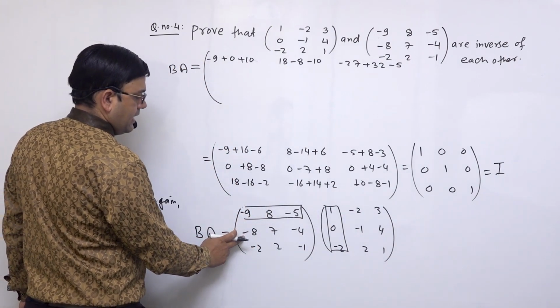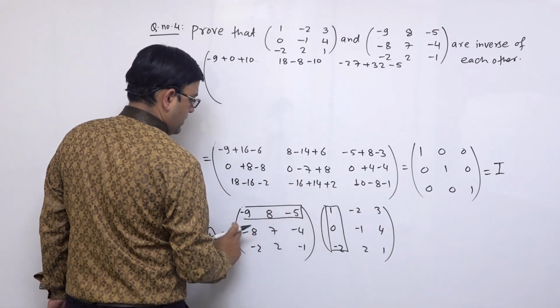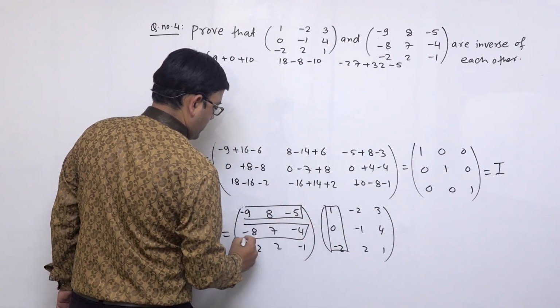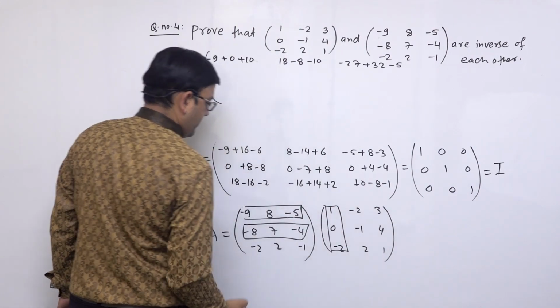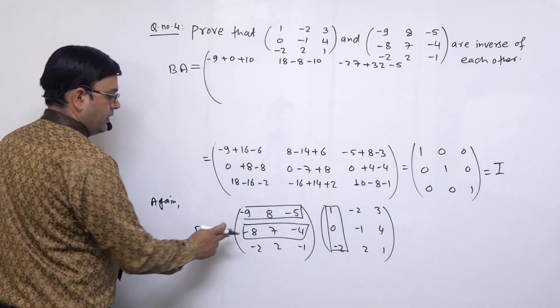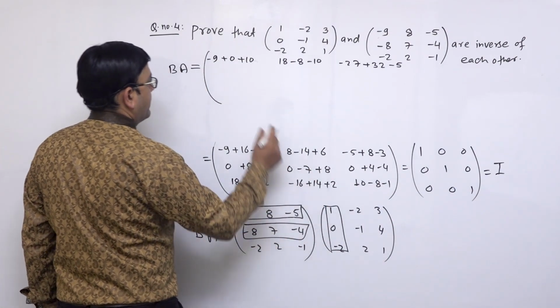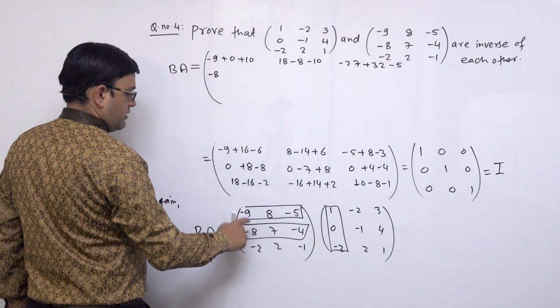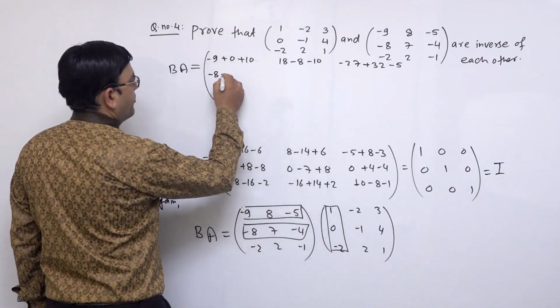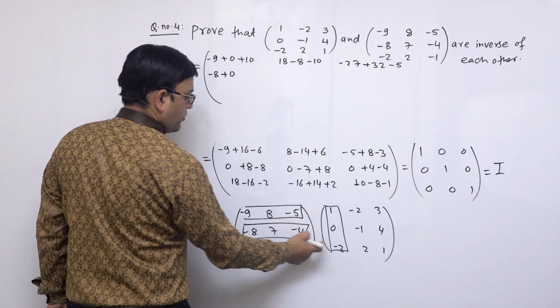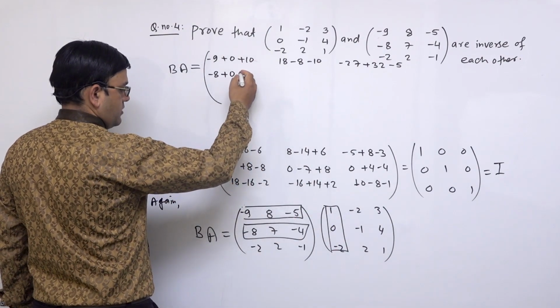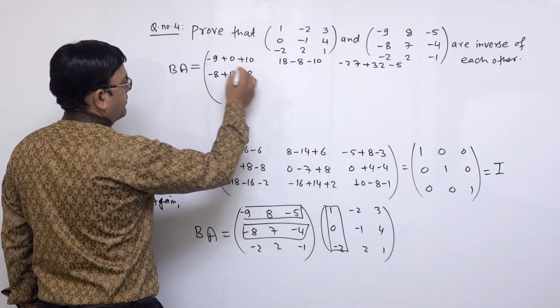Similarly here, minus 8 times this second row multiplied by the first, second and third column respectively. So minus 8 times 1 is minus 8, 7 times 0 is plus 0, and then minus 4 times minus 2 is plus 8.